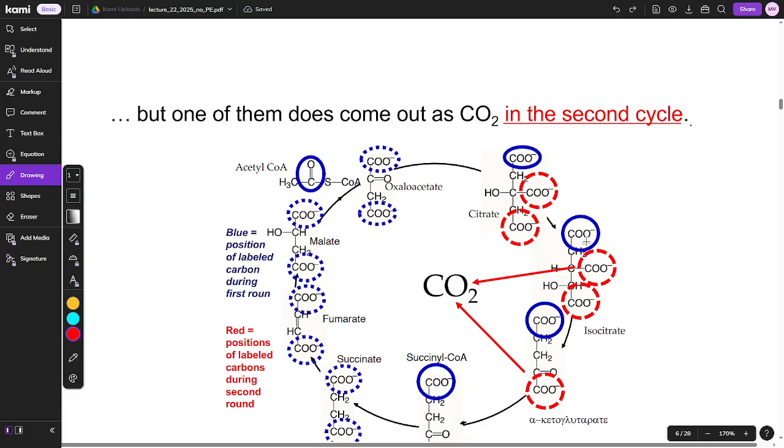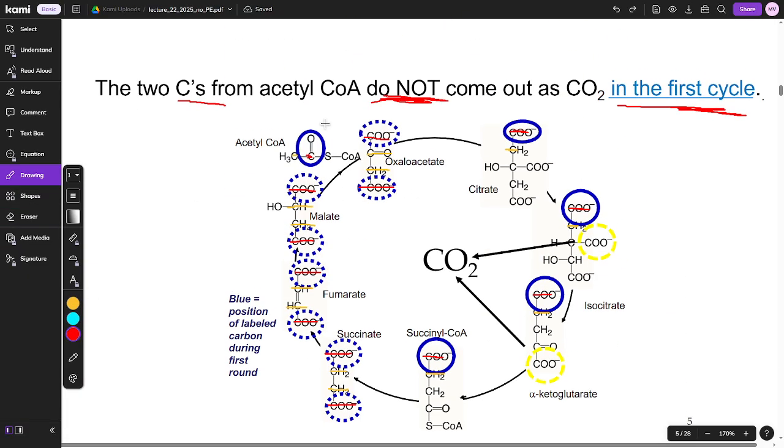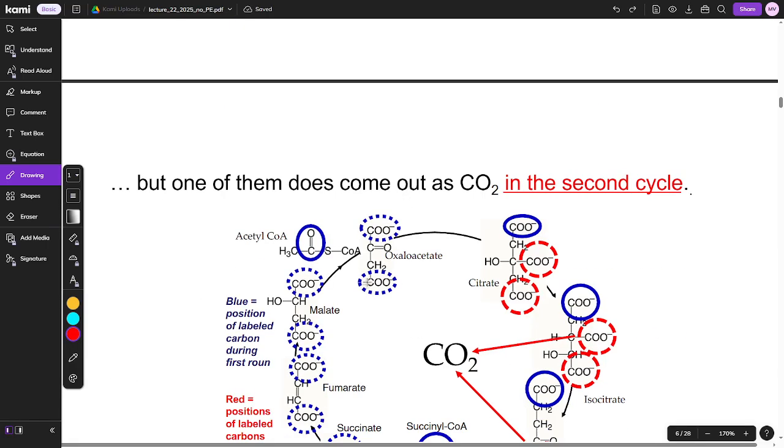Now, if we move into the second cycle, I just said that I don't know based off of this where they are. So let's say I've got my red here, and I've got my red up here.